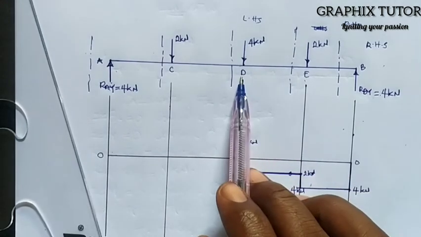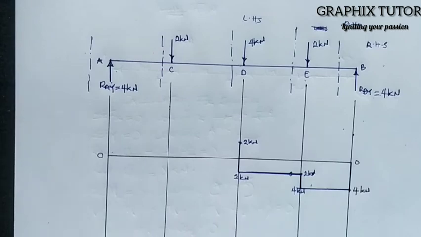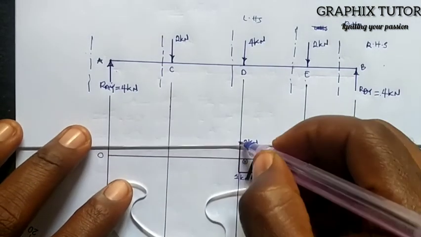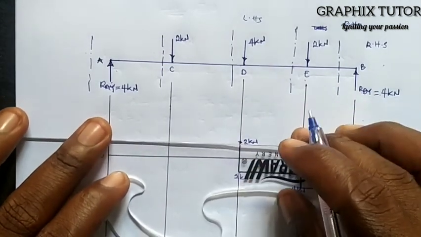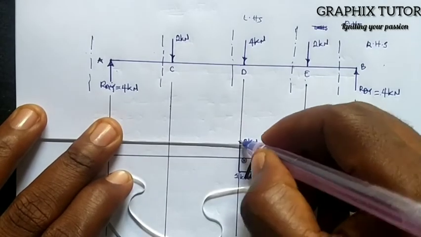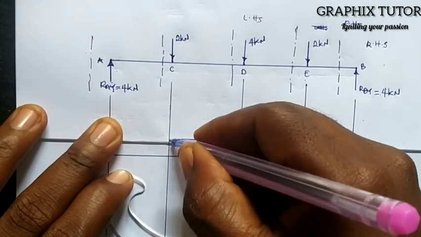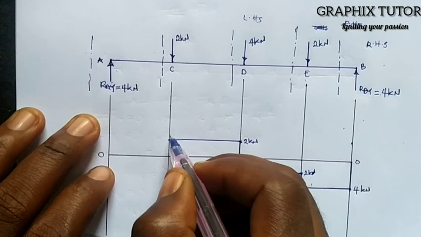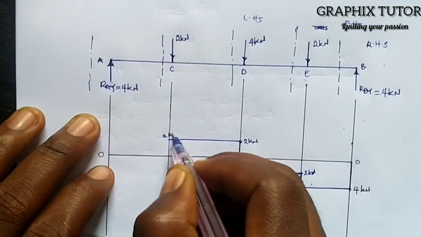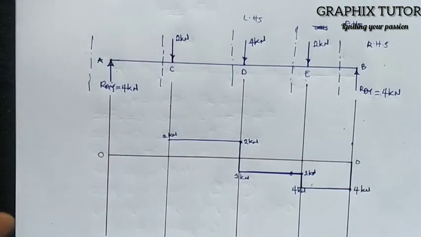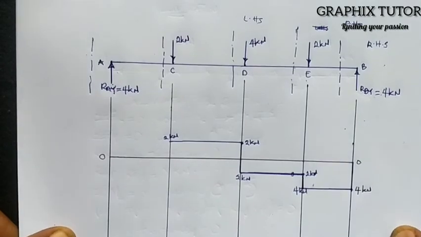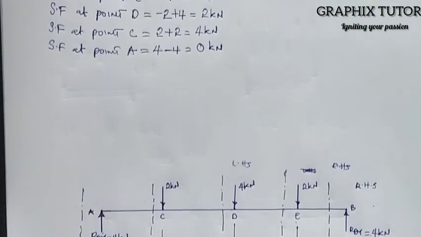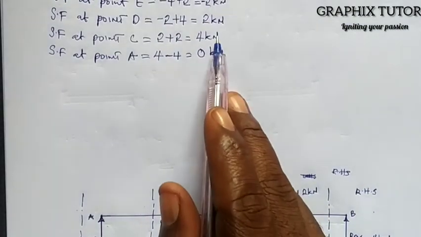But in between D and C, there is no force. So I'm going to draw a constant line to show the force between those 2 points is constant. And from here to here is constant. So that will also be 2 kilonewton, right?